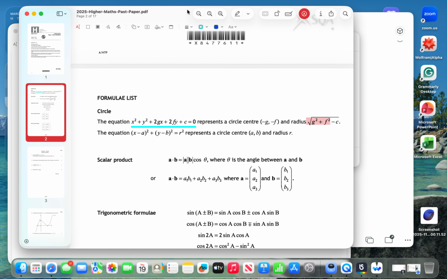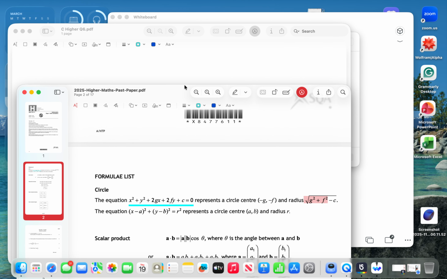So what we have to do is compare the equation we have in the question with the format on the sheet.